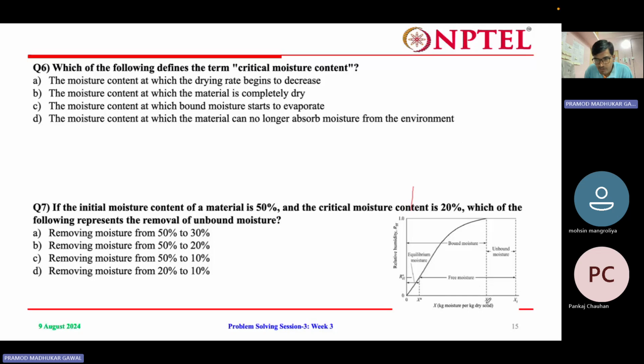So here is the critical moisture, which you can say is Xc. After that, at the critical moisture content, the drying rate decreases. So you can look in the options: the moisture content at which the drying rate begins to decrease. This matches.